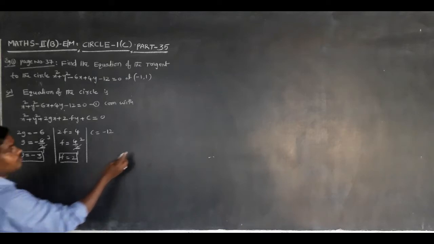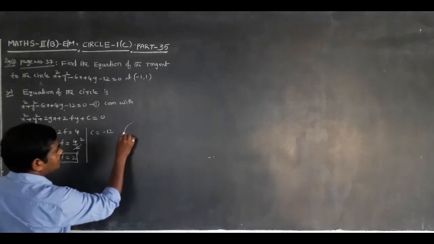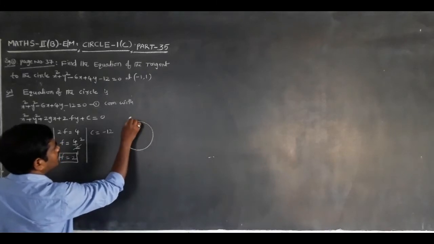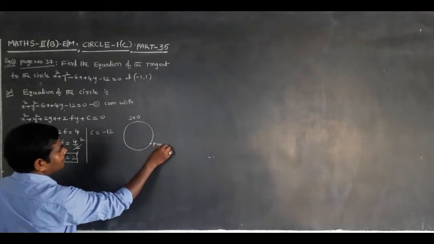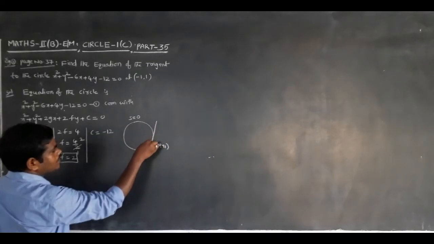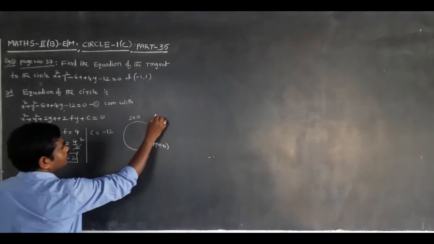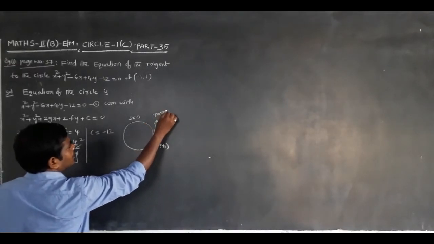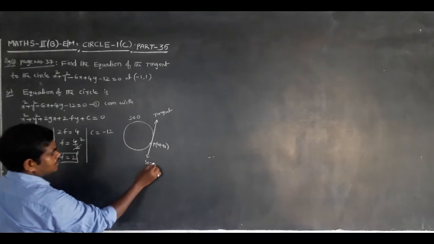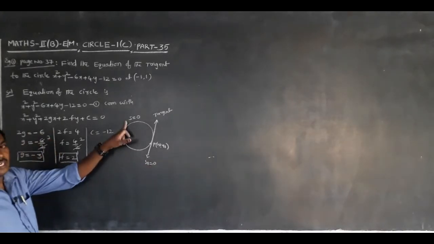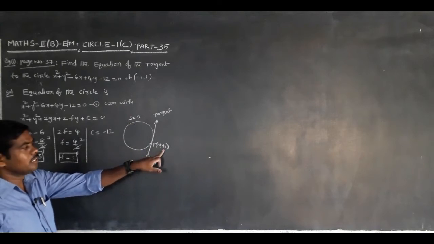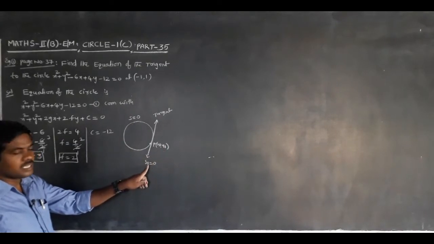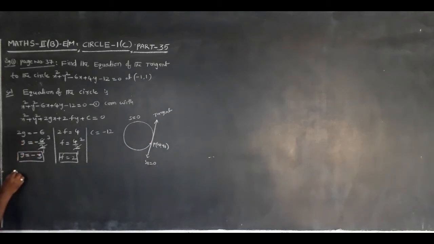Here the equation of the tangent to the circle S is equal to 0 at the point P(x1, y1) is S1 is equal to 0, which is the formula.